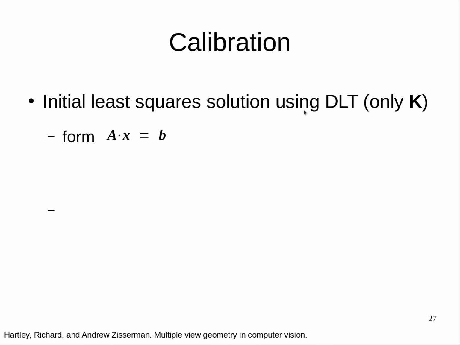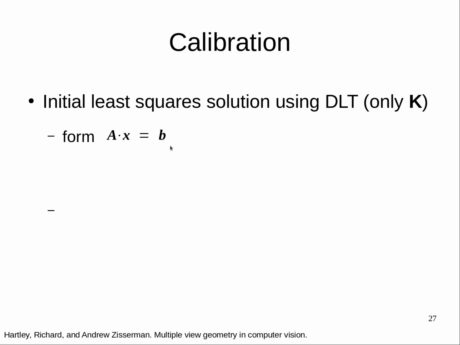And obtaining a least squares solution means we form a linear equation system like this. So A is a matrix, x are the parameters we want to solve for, and b are our observations. This gives us an initial solution while not considering lens parameters. Why? Because the lens parameters are nonlinear and this would not work.